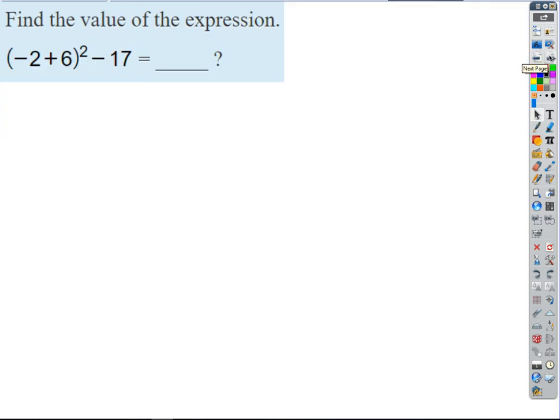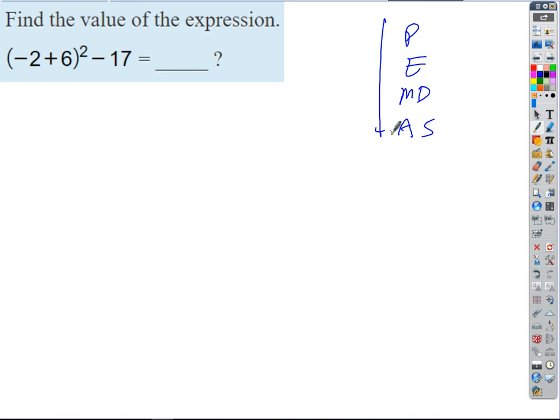All right, find the value of the expression. So all we're doing here is simplifying. No big deal, right? All we're doing here is just making this simple. So we're just going to use regular top-down order of operations.